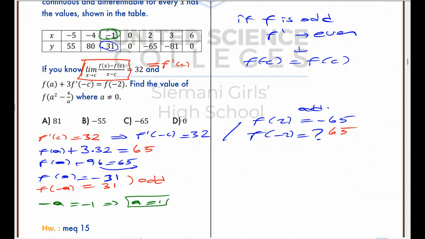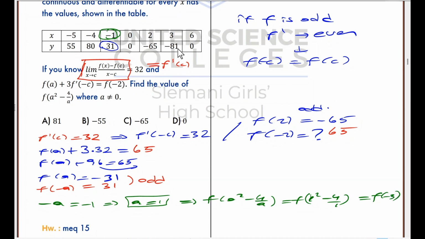Finally, I got the value of a. So when I know the value of a, I can answer this question. It's evaluating functions. So f of a squared minus 4 over a is equal to f of 1 squared minus 4 over 1, which is f of minus 3. Now apply the table again.